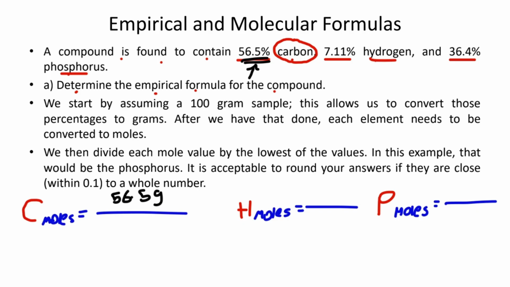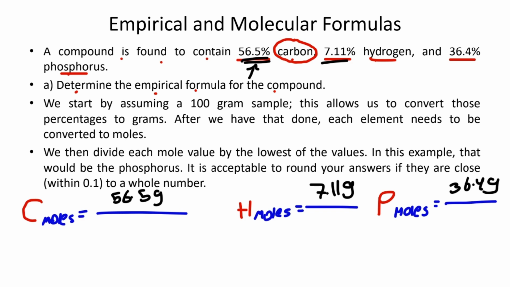So basically we have the mass of the carbon, we have the mass of the hydrogen, which is 7.11 grams, of course, and we have the mass of the phosphorus, which is 36.4 grams. Now we need to find the molar mass using the periodic table.